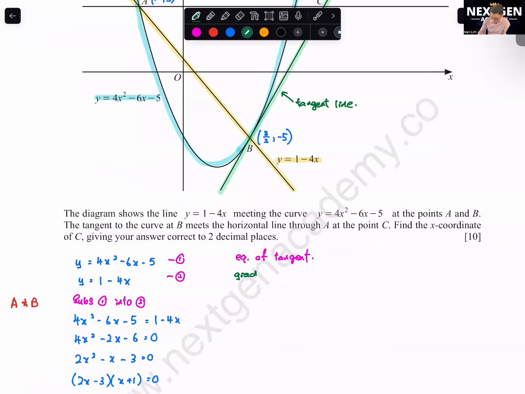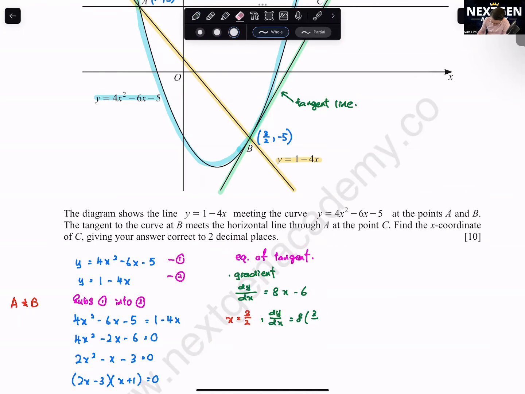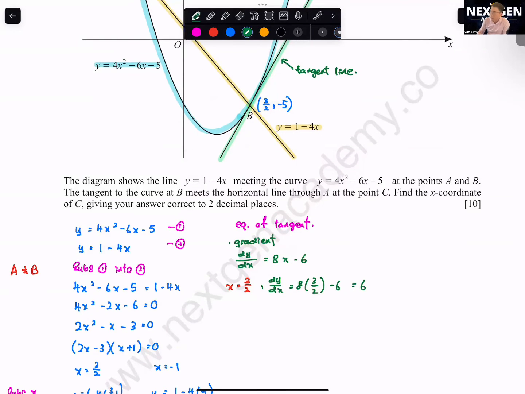To find the gradient, we use dy over dx for the blue line. dy over dx is 8x minus 6. Then I substitute x equals 3 over 2. My dy over dx equals 8 times 3 over 2 minus 6. You get 6 here.